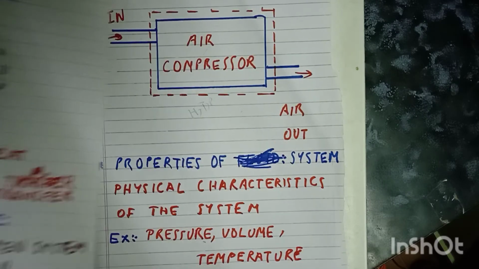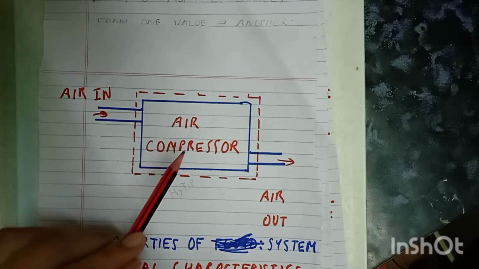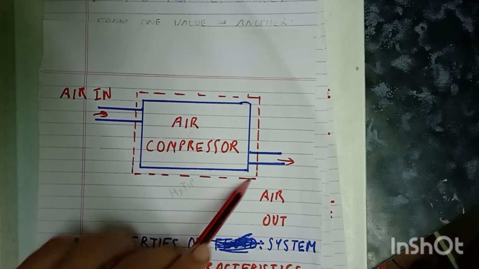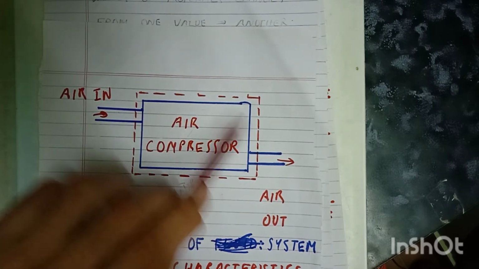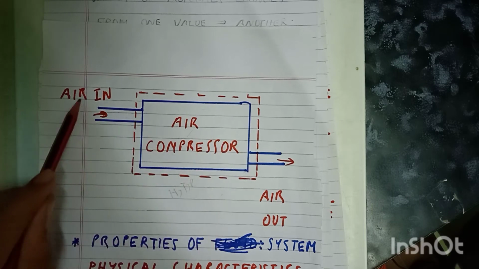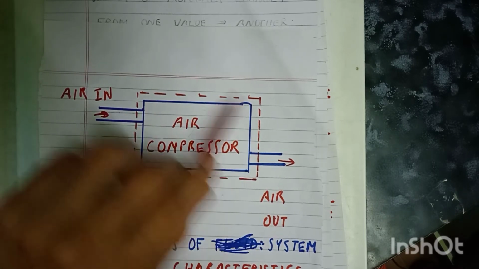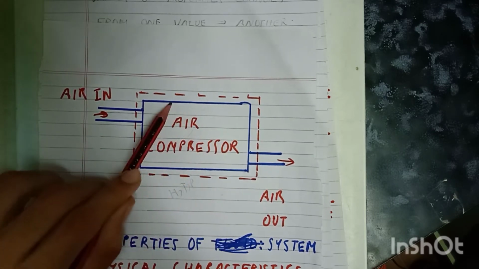Let's move on to an example to understand this. In this example, you can see that this is the air compressor. In this air compressor, the red dotted lines show the certain volume that is fixed. See, this volume is fixed. As air moves in, air moves out, and that process takes place, but here the certain volume always remains constant.